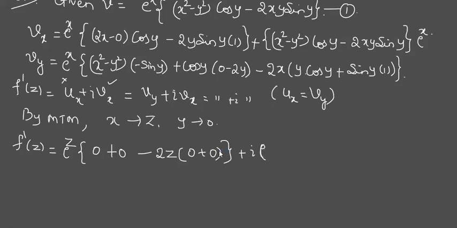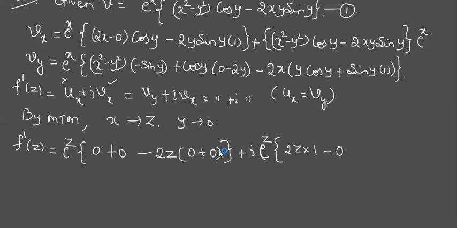So here this is e raised to z. I'll take it common and write, I have not written that step. e raised to z. Now here, this is 2z multiplied with cos y, and cos 0 is what? 1. If you see the second term, what is the value? 0, multiplied with y as well as sin.